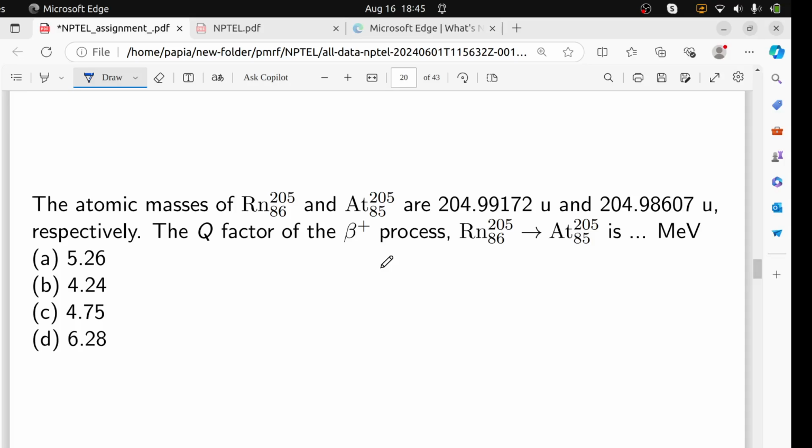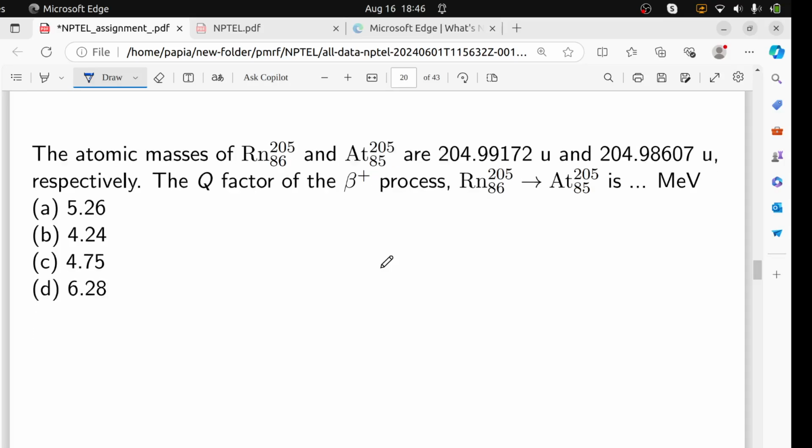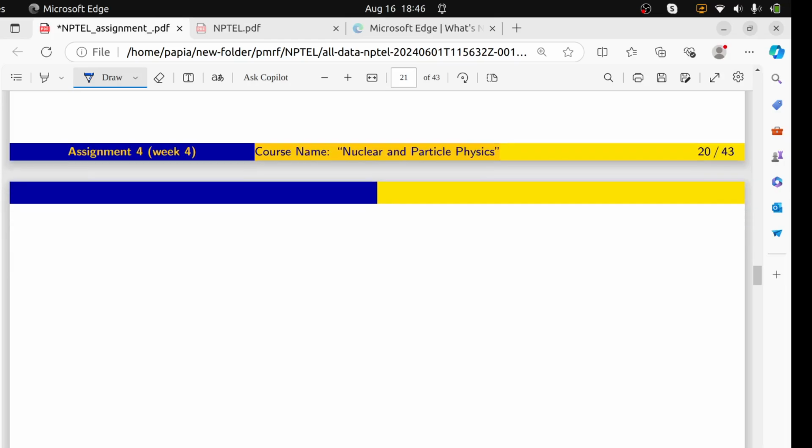So we will calculate right now what it will be for the beta plus process. Maybe I am just writing here for a general case X with Z and A, going to Y plus beta plus, meaning e plus, which in terms of Z and A is 1, 0.